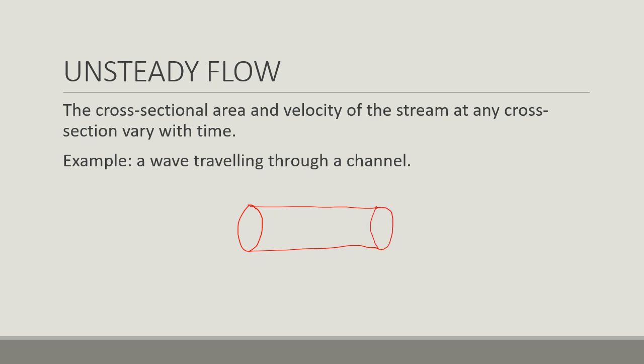This is the even pipe, but when you have the fluid flowing like a wave, it will not have the same velocity at any cross section. So that means that the velocity of the stream will always vary. It will not be the same.